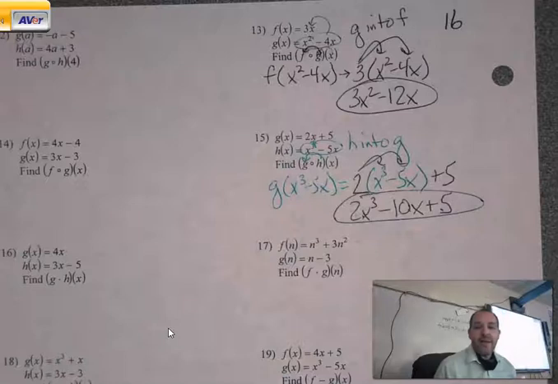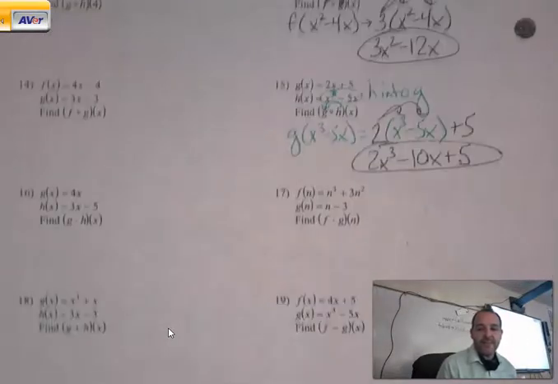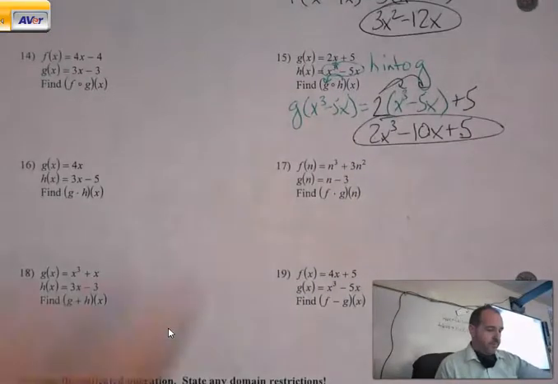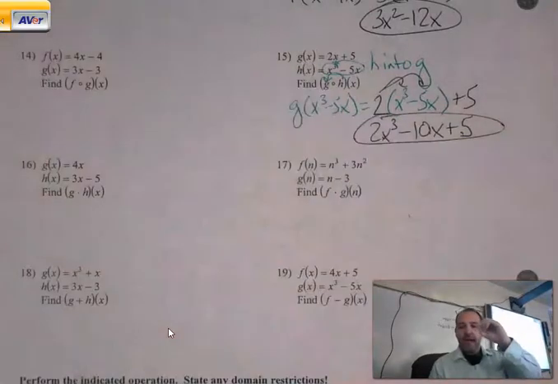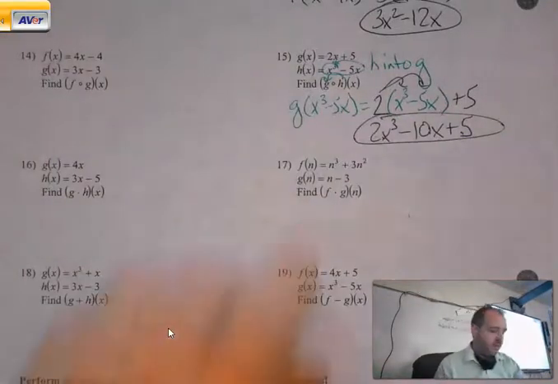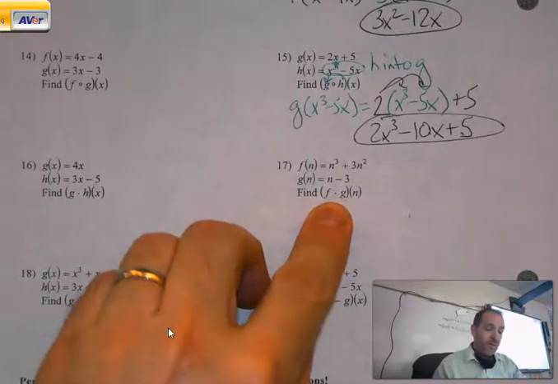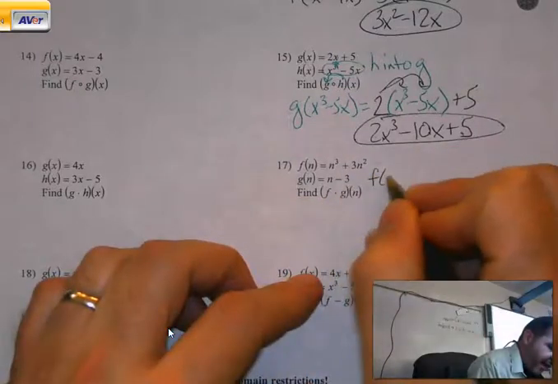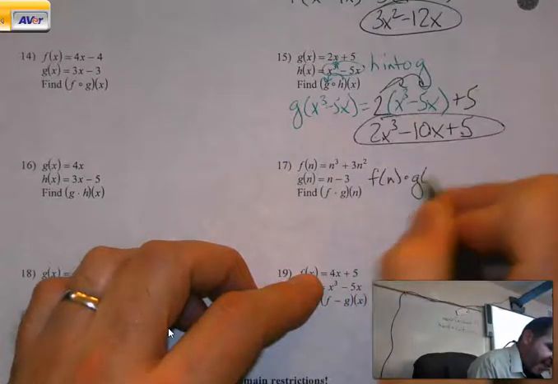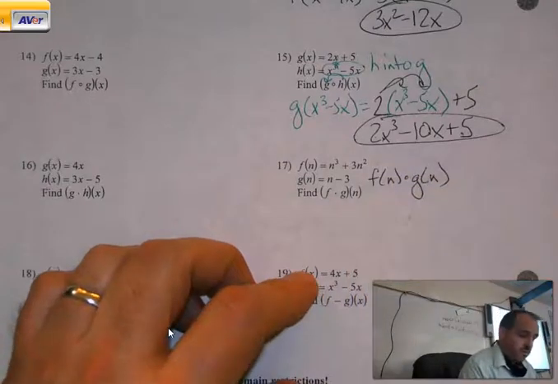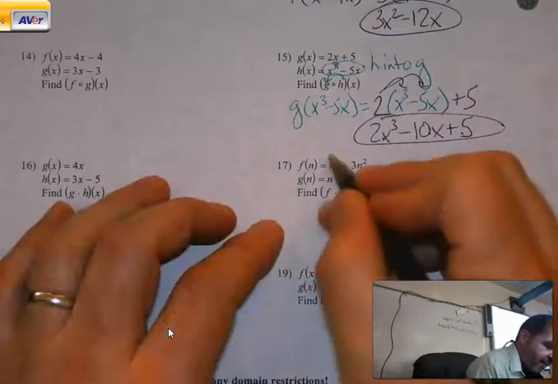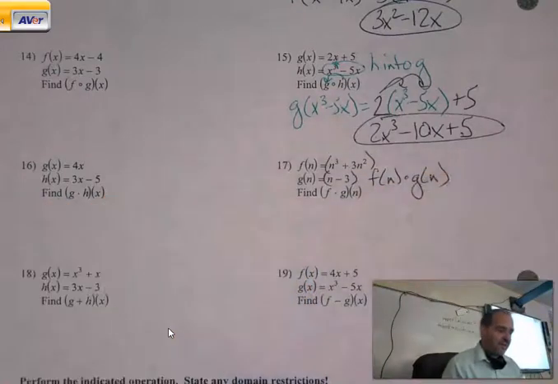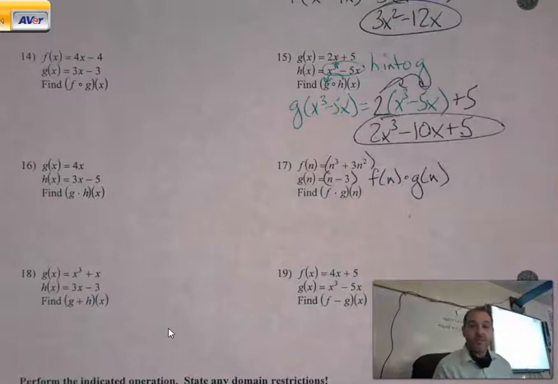Now, I'd mentioned this at the start, but now we get to see it. Open circle composition, little dot, multiplication. So we're doing f of n times g of n. And you're like, oh, so there's parentheses. So I need to do a box or FOIL or something.